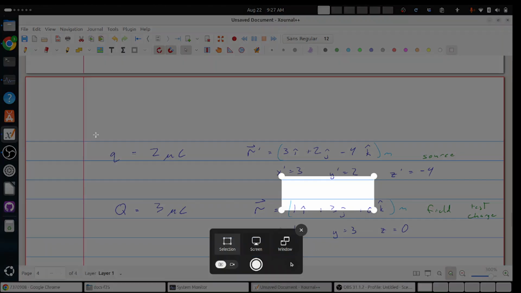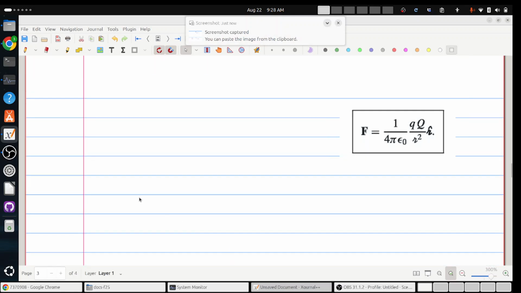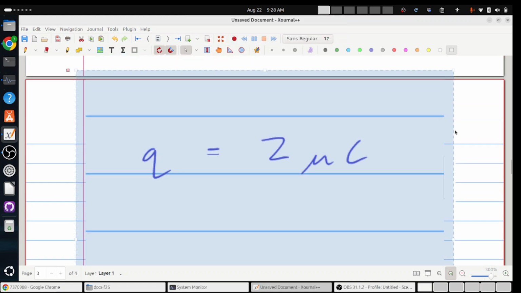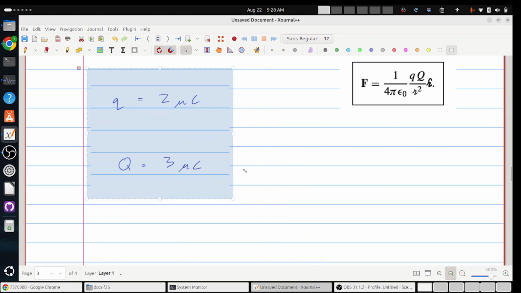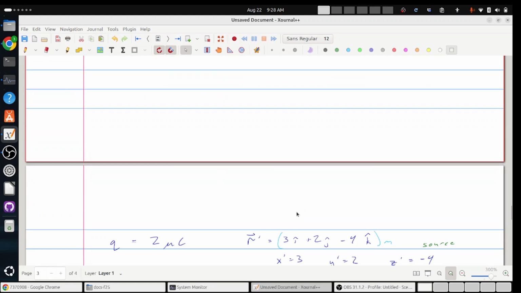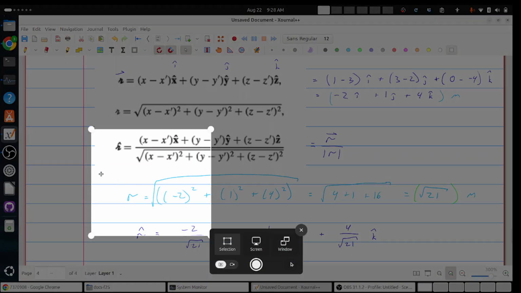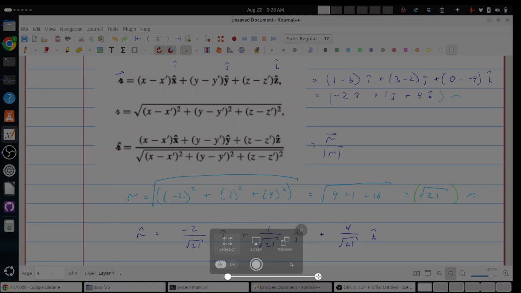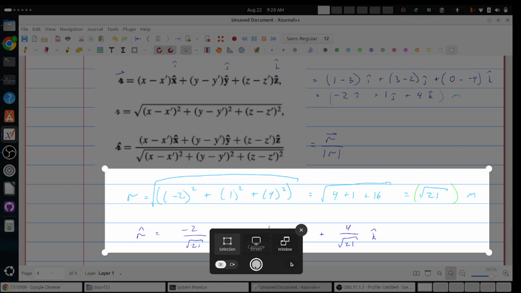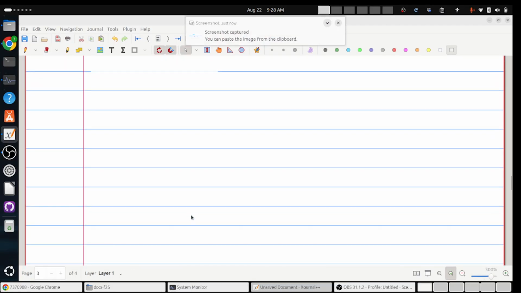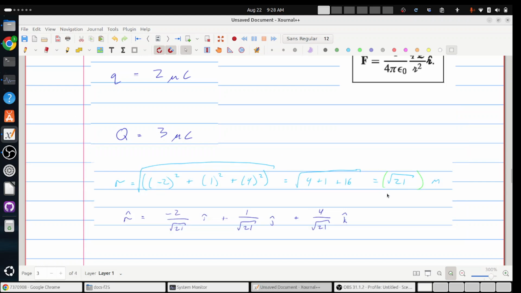My two charges, and then I will grab what I found for my R value and my R hat value. And we can put these things in now.